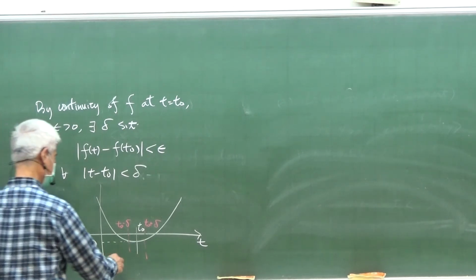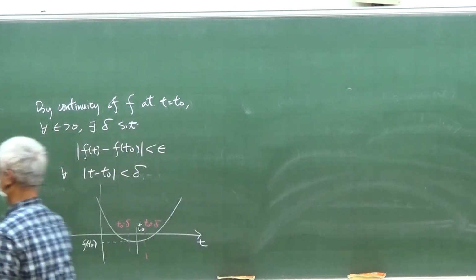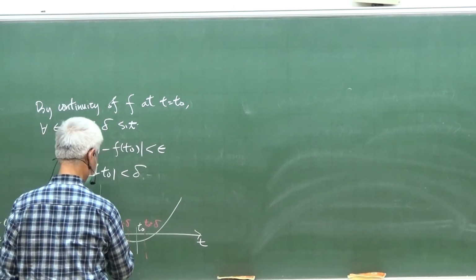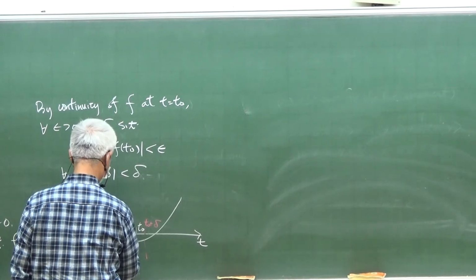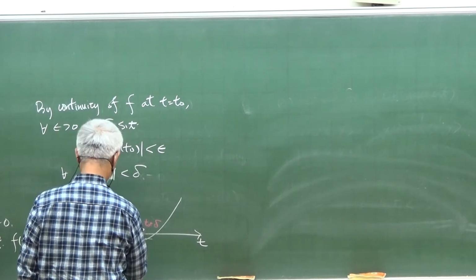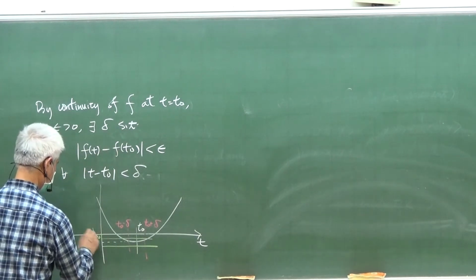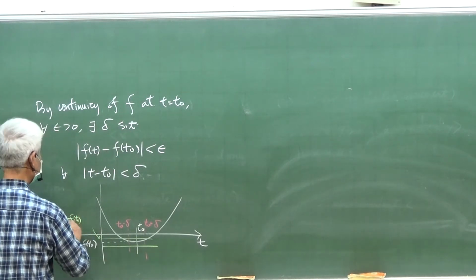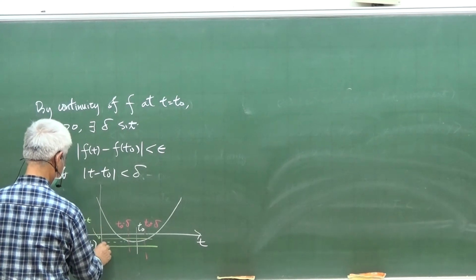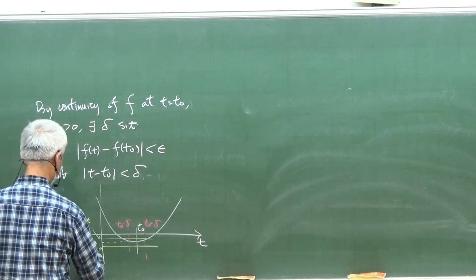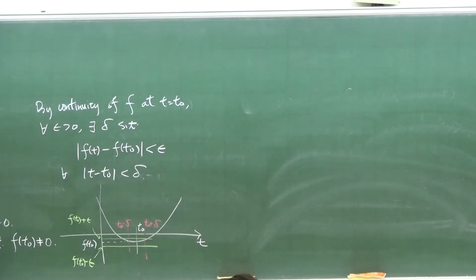Okay, and so here is f of t0 plus epsilon. This is f of t0 minus epsilon. Okay.